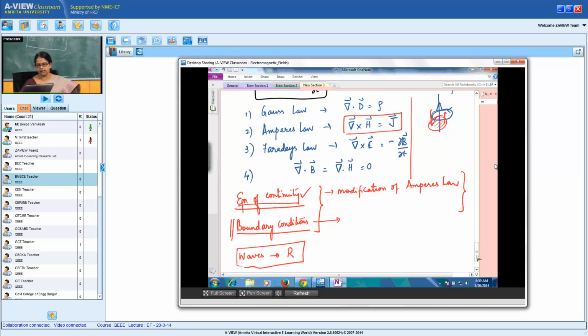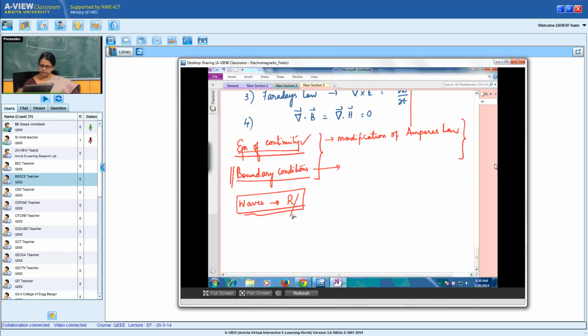If you wish me to do waves and calculating reflectance and resistance per unit length, please inform the QEEE team if you have an interest. I can do 1 more class on it. Alright, so we stop today's session and the session is now open to questions.